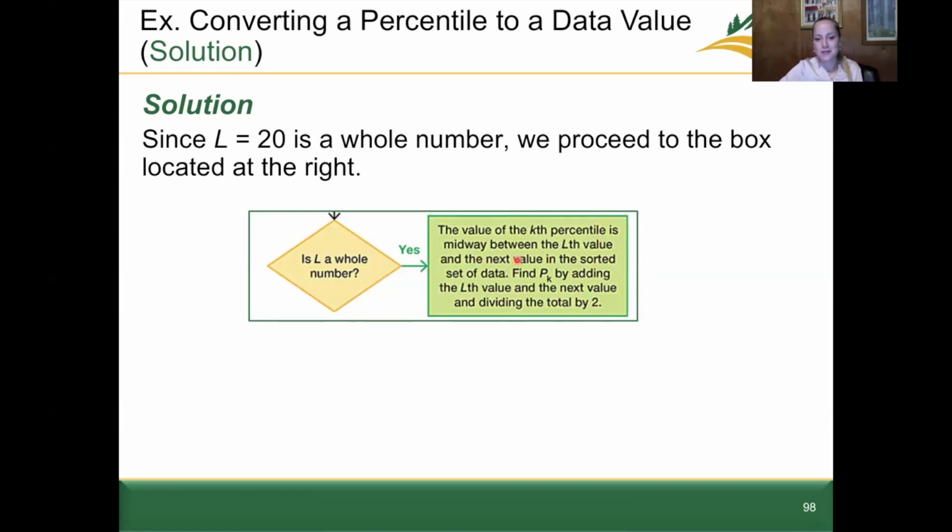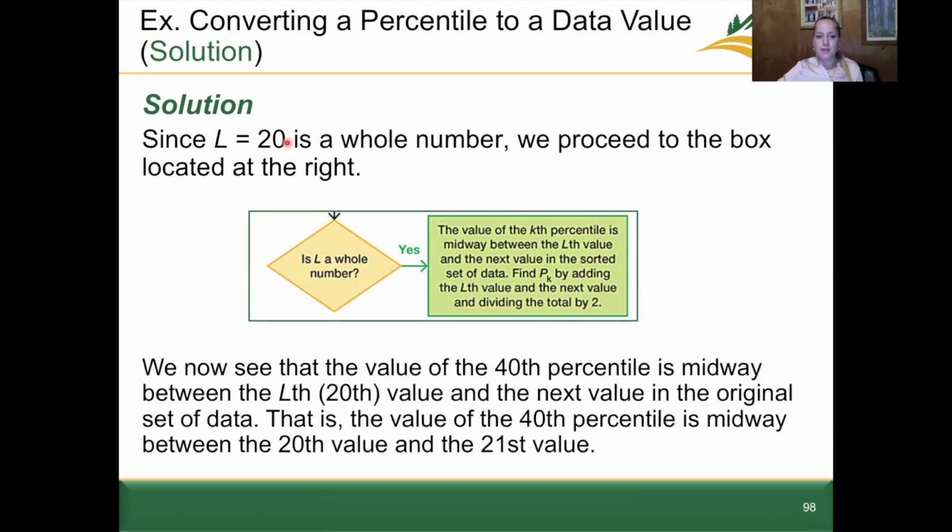This is very important. So we don't just take data point number 20, we take data point number 20 and data point number 21. We actually find the mean of data point number 20 and data point number 21. So we take data point number 20, add it to data point number 21, and divide that sum by 2.